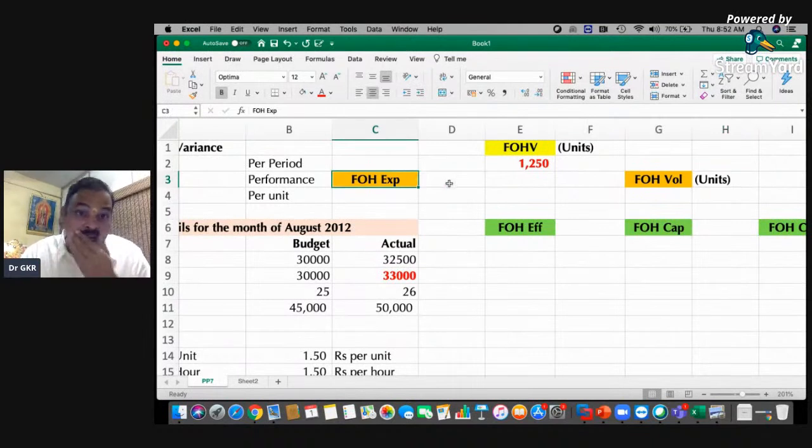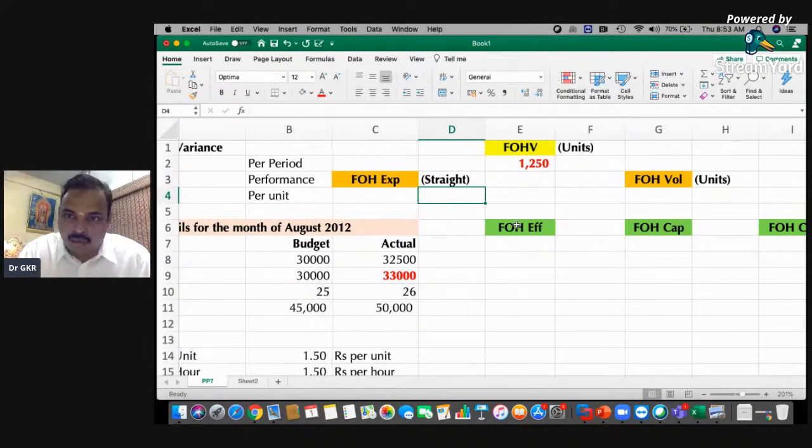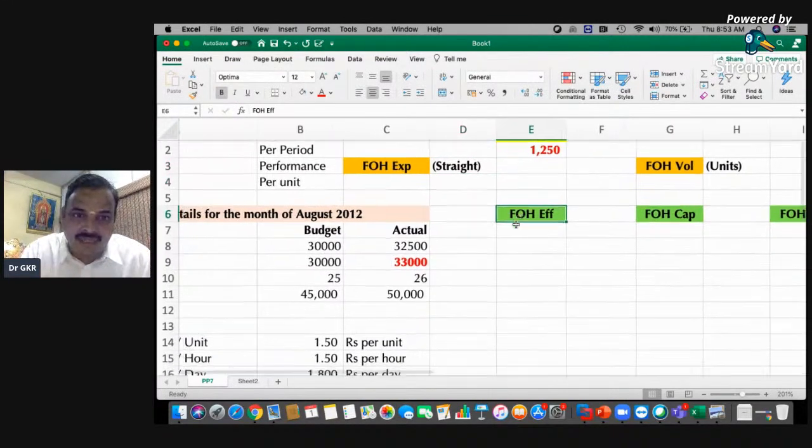And expenditure is straight away for the budgeted expenditure. What is actual expenditure? I will call this straight. Why it is called straight, I will tell you.